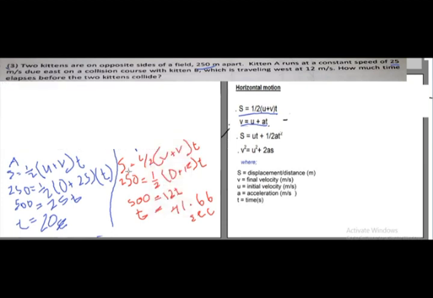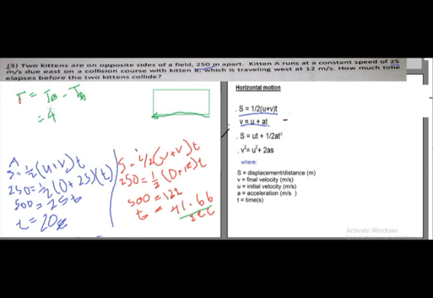The time elapsed before the two kittens collide or meet is, we say, the time taken for kitten B minus the time taken for kitten A. The time it took for kitten B to reach the other side of the field is 41.66 seconds.